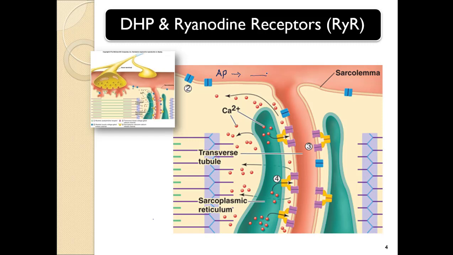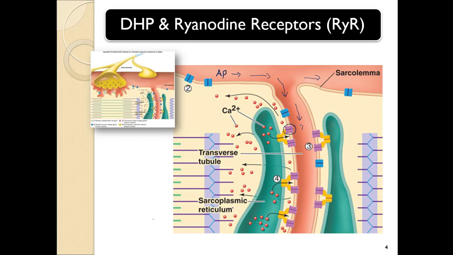This action potential moves along the cell surface and down into the T-tubule. It will also continue over here as well. It moves into the T-tubule, and it will continue down the T-tubule, but you can see in here a bunch of these purple proteins. I'll circle one here, these purple proteins that sit in the T-tubule.